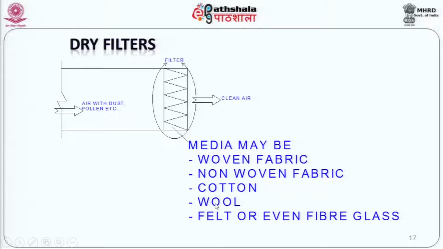The dry filter is basically a filter which uses dry media. If one spreads a piece of cloth in the path of air, obviously there will be some filtration. If one puts a single thread in the path of air, there will be some filtration.